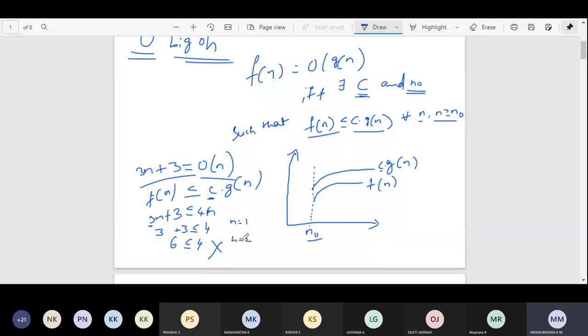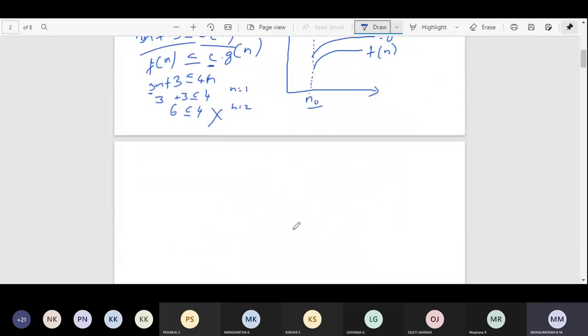If I take n equal to 2, then 3n plus 3 is less than or equal to 4 into 2, that is 4n.